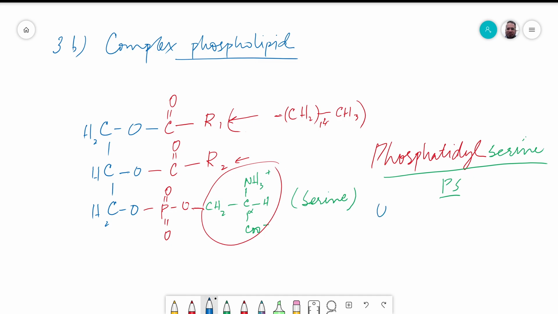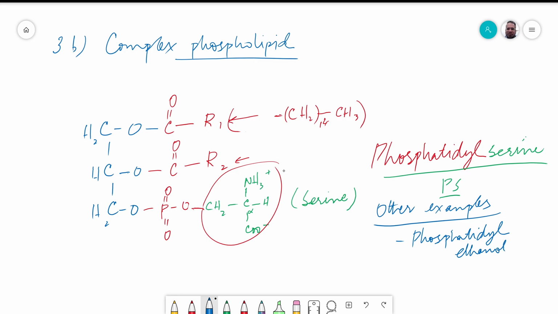So other examples, as we saw in our notes, are phosphatidylethanolamine, or phosphatidylcholine, and so on and so forth, right?